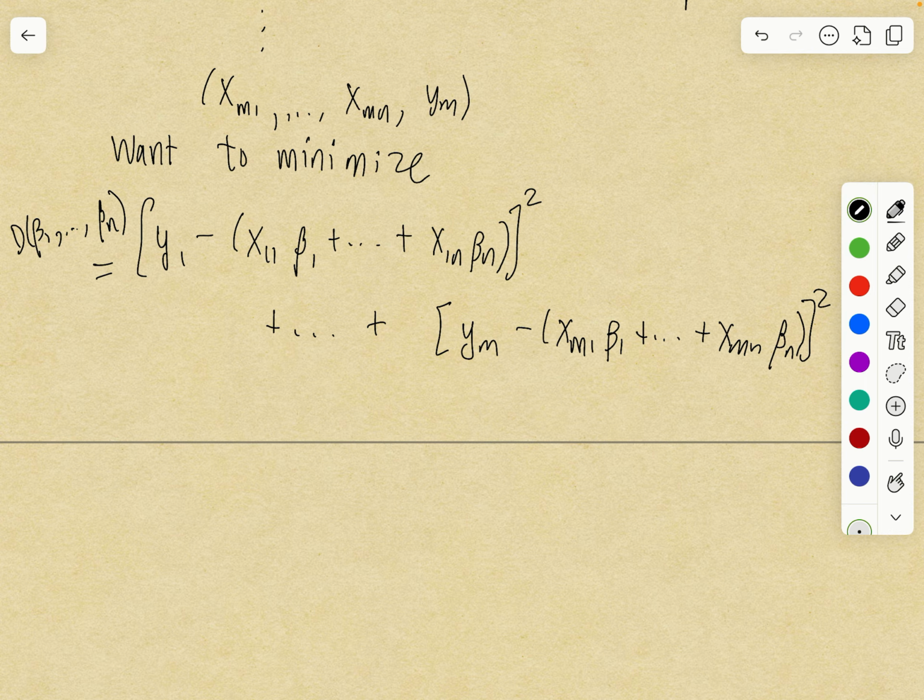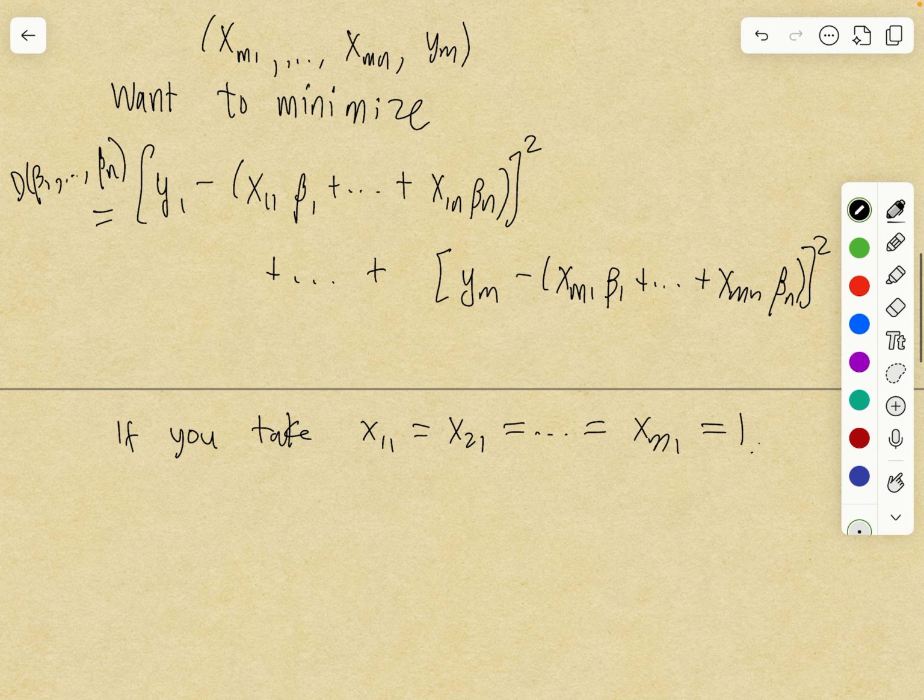So if you take x11, x21 all the way to xm1 to be 1, then you can interpret beta 1 as the analog of the y-intercept except for a plane.